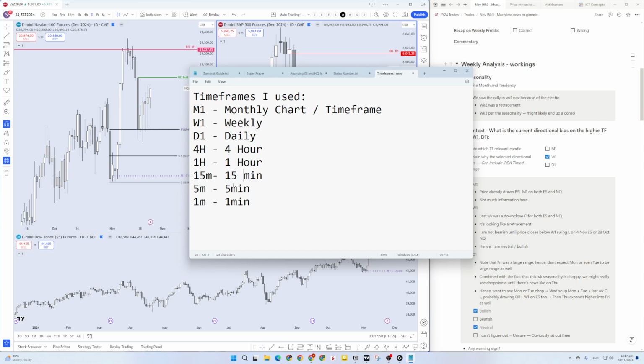Okay, so in terms of time frame, the moment you see this, you know that, okay, he's talking about the monthly if you use M1, he's talking about 1 minute if you use 1 small m. I usually don't deviate away from this, but it's perfectly possible to use like 30-minute chart, 2 hour chart, 5-day chart.